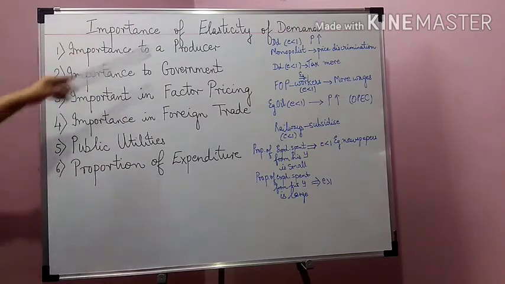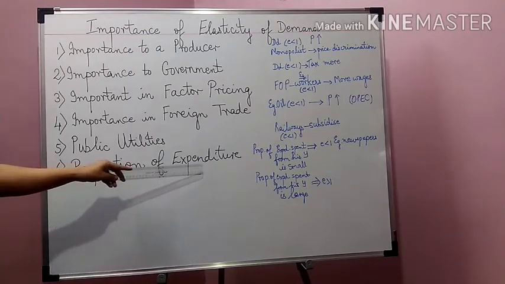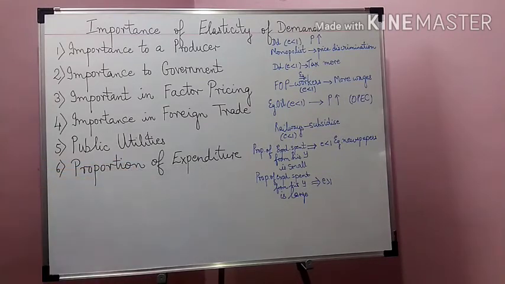And lastly, elasticity of demand is important depending on the proportion of expenditure spent on goods. Suppose a very small proportion of your income is spent on certain goods and services or products which have inelastic demand.